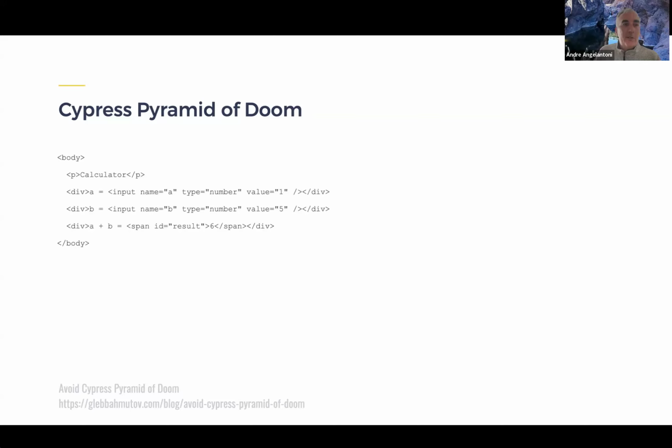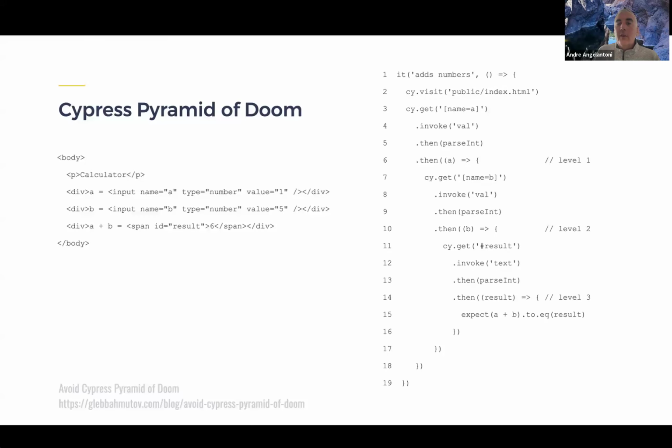So here's an example. You've got some HTML code there. You've got 2 inputs up above, and then you've got a result. Okay, and so here is Cypress. I'll let you grok that for a second. On line 6, you've grabbed the value of the first field, and then you use a then statement.